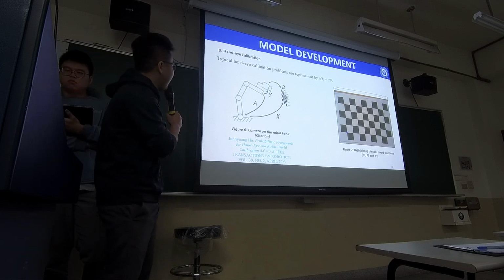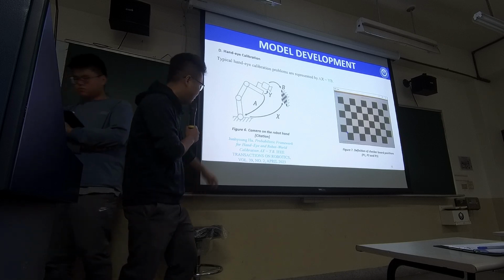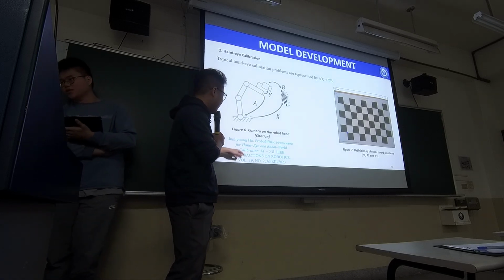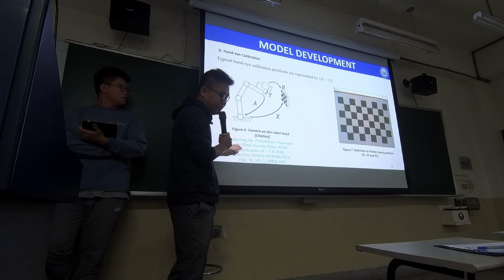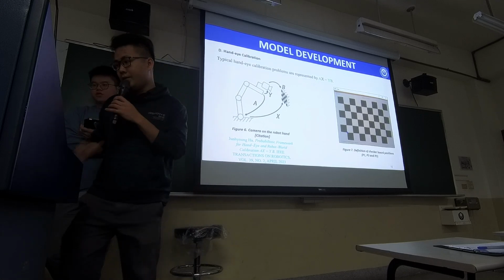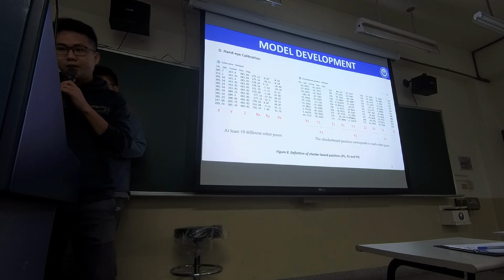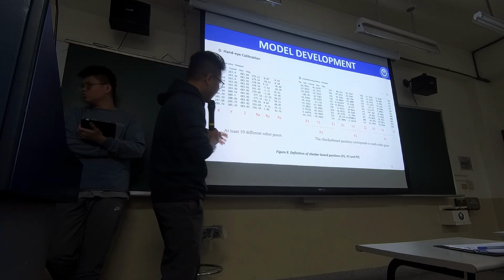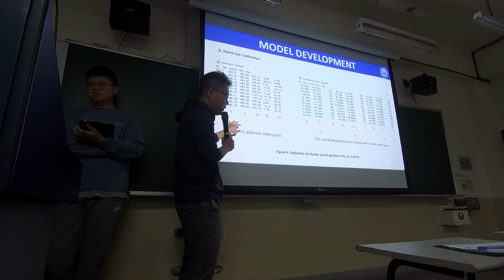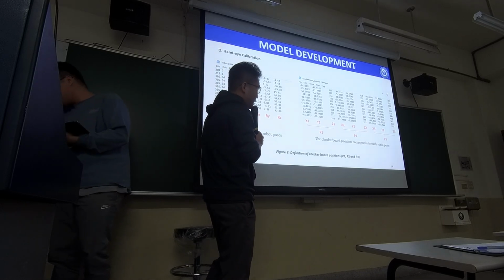We use the hand-eye calibration. For this method I follow this paper. This is the structure of the data used to find the transformation matrix.